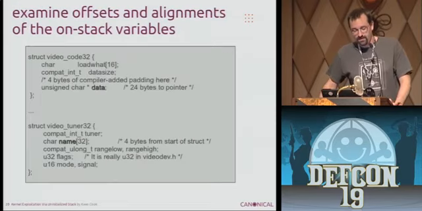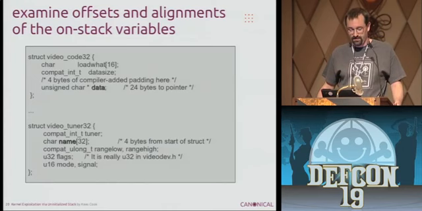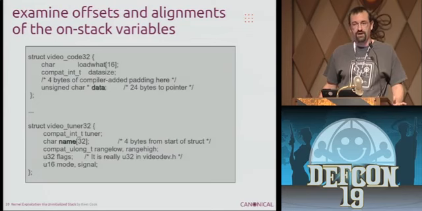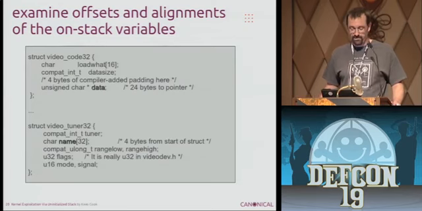So you had to take a look at the two different structures that are there. Our target here is the video code 32. We want to be able to control data. So we have to figure out where it is in relation to the other structure in the union. And it was relatively straightforward because in video tuner, there was this large name string.